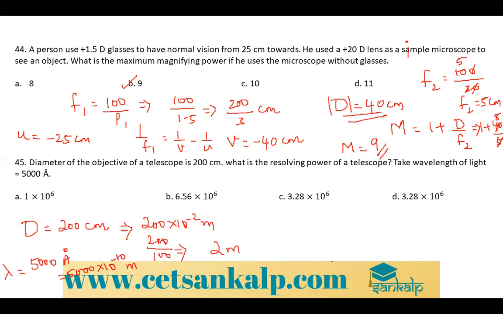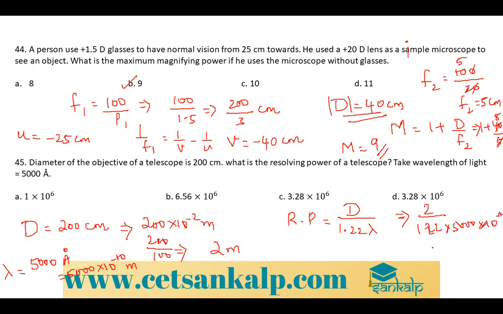So you have the formula for resolving power, RP. Resolving power is given as capital D divided by 1.22 into lambda. Substitute all of this: 2 divided by 1.22 into 5000 into 10 to the power minus 10.